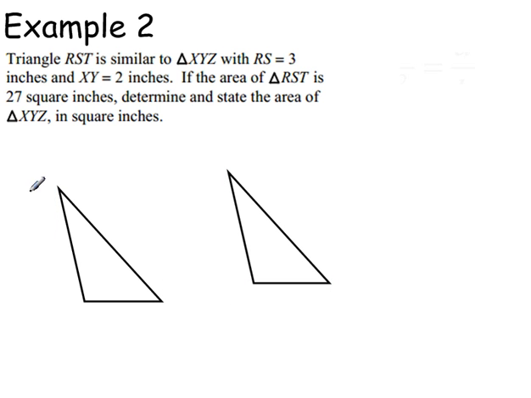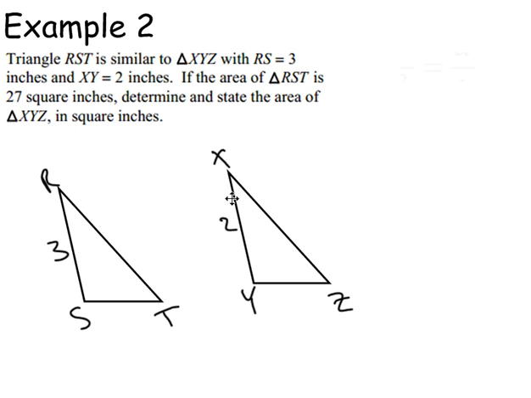RST is going to be bigger. You'll see why in a second. And we got XYZ. It says RS is 3, and then the corresponding side XY is 2. It's smaller, so that's how I knew this triangle has to be smaller than RST.